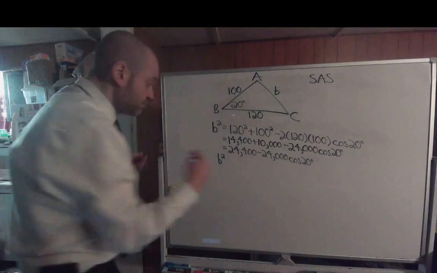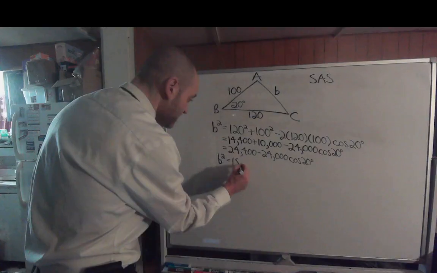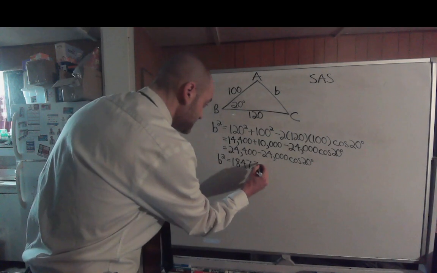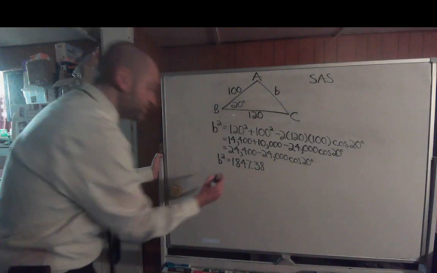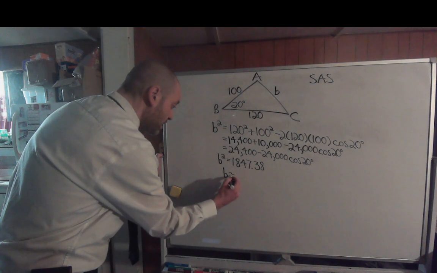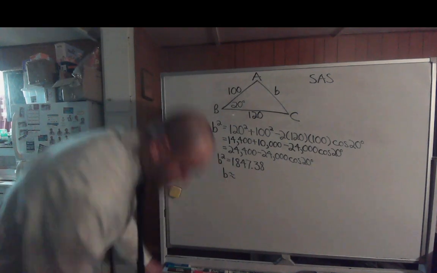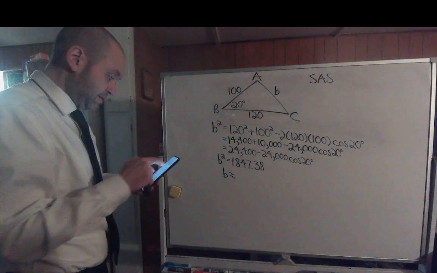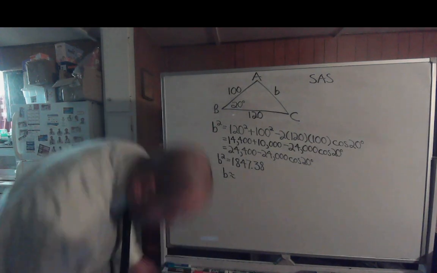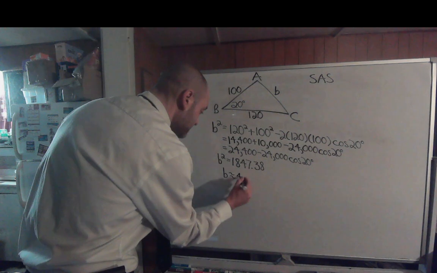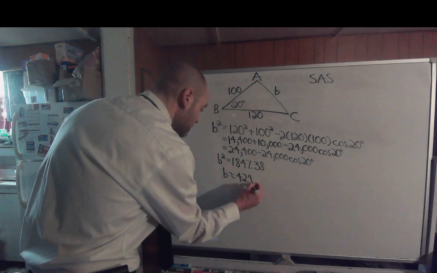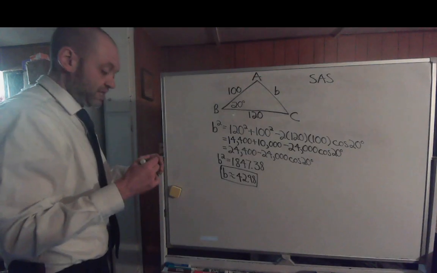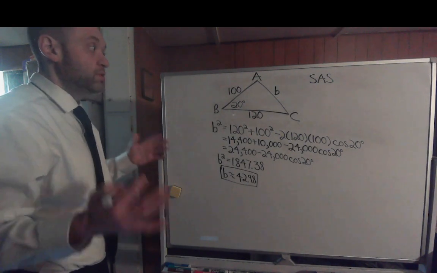You get approximately 1,847.38, which now we can find side B. We're just going to take the square root approximation of that, rounded to 2 decimal places. You get approximately 42.98. So side B would be about 42.98. So now we know side B.